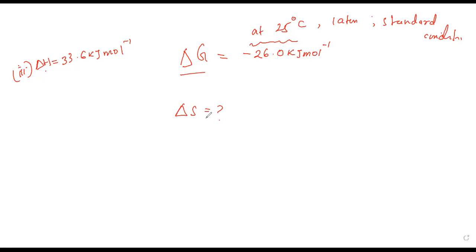We are using the spontaneity of the reaction. And what is given? Delta H you already found, right? The temperature is there. The Gibbs free energy value is there. Pressure is there. Madam, there is another formula.